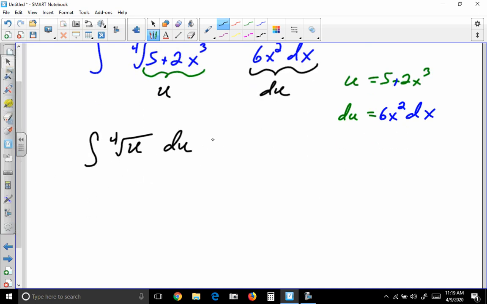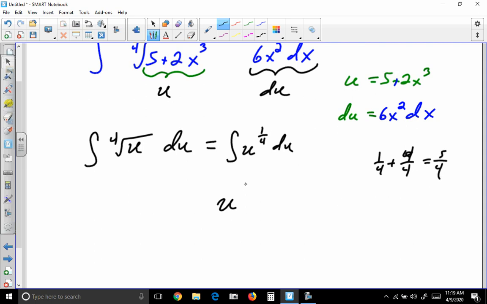And that's something we can integrate if we rewrite it as u to the 1/4 power. We have our variable to a power, so we make it to the 1 greater power. What's one more than 1/4? Well, 1 is 4/4, so if we add 1 to 1/4, we get 5/4.